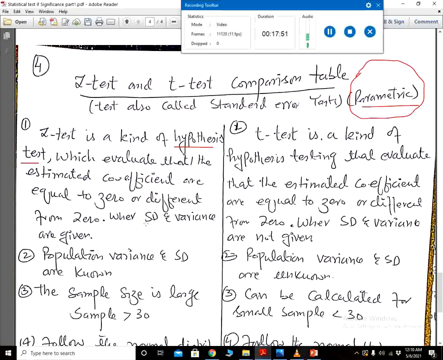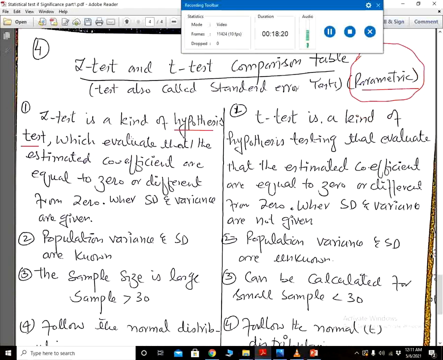If through hypothesis testing it has been proved that beta 1 hat is not equal to 0, either positive or negative, then we state that x is significant in affecting the dependent variable. If it is negative, we state that it is negatively affecting the dependent variable. If it is positive, greater than 0, then we state that it is positively affecting the dependent variable.